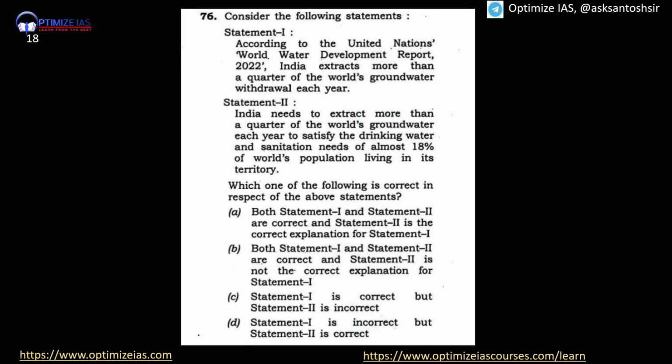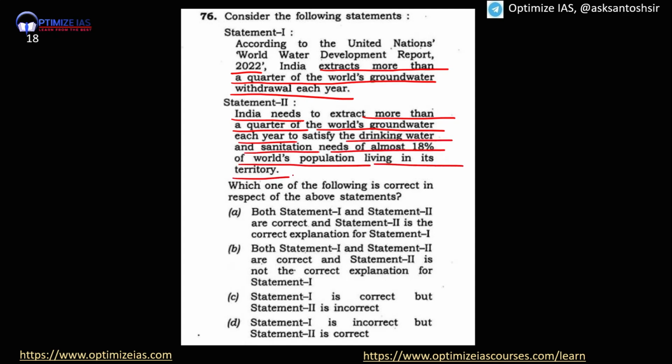According to the United Nations World Water Development Report 2022, India extracts more than a quarter of the world's groundwater withdrawal each year. The second statement says that India needs to extract more than a quarter of groundwater each year to satisfy the drinking water and sanitation need of 18% of the world population. Guys, listen to me very carefully.